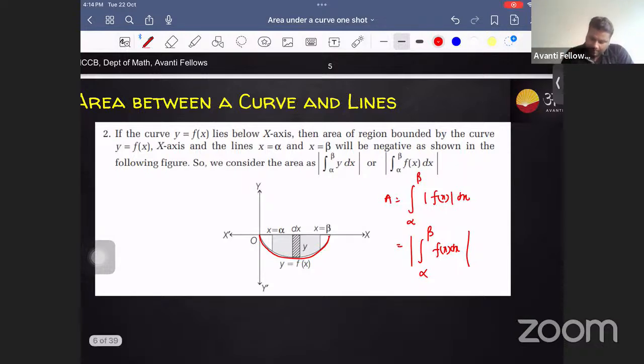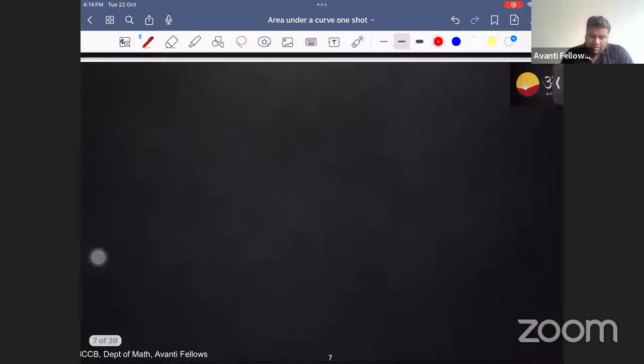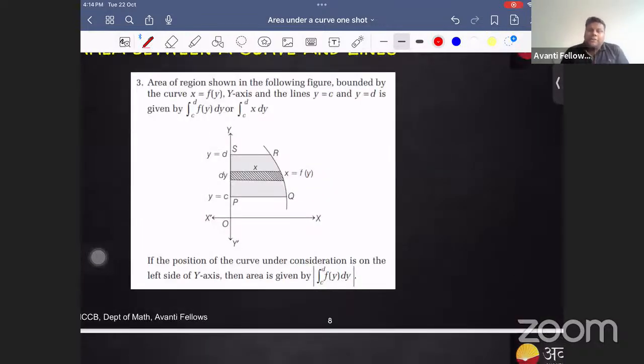Very good. Now, let's come to third curve. Sometimes we need to calculate the area enclosed by the curve and the y-axis. Area of the region as shown in the figure, bounded by the curve y equals to f(x), y-axis, and the line y equals to c to y equals to d.